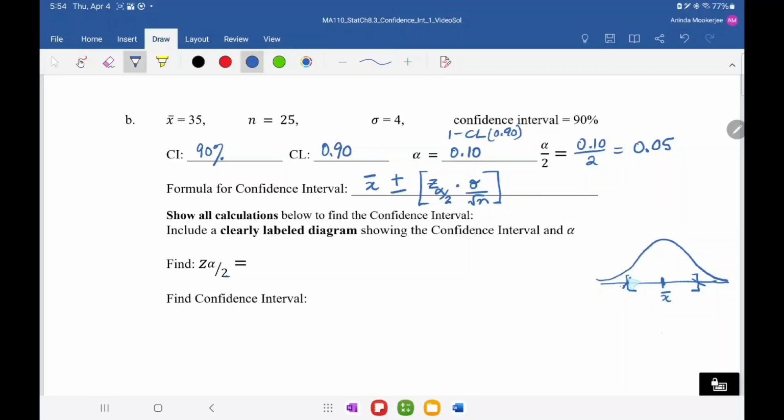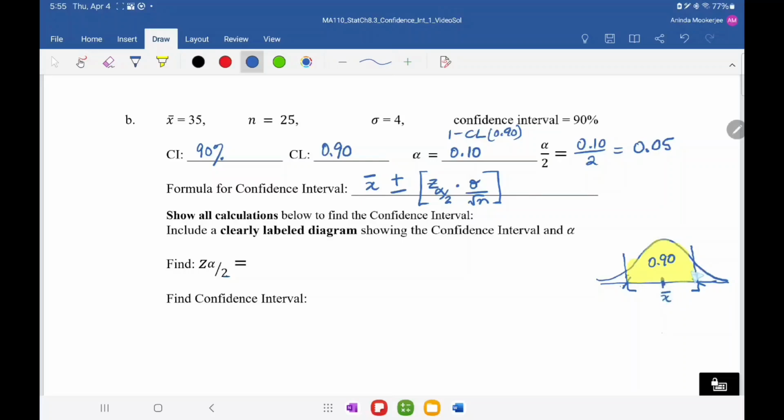And then we extend these endpoints up through the curve. And this bounded area within the endpoints of the interval is our confidence level value, which is 0.90. In other words, this 0.9 also represents the probability that we can find the population mean within the interval that we are going to come up with.